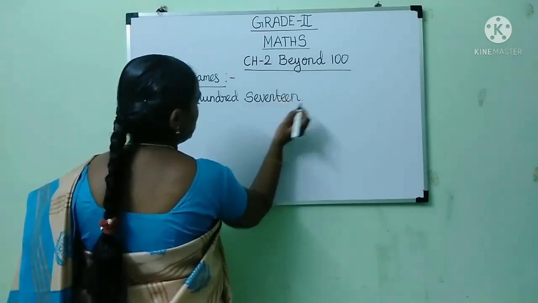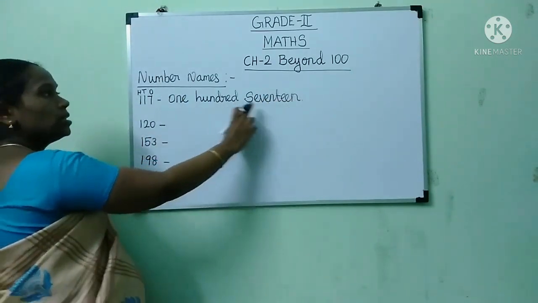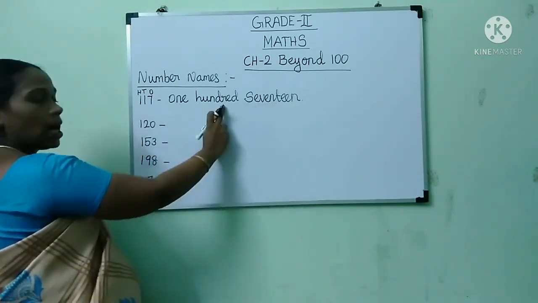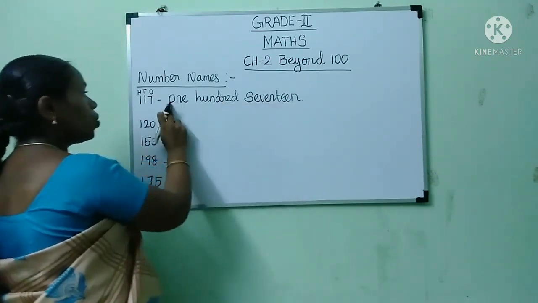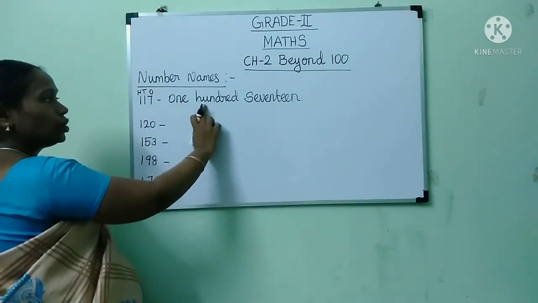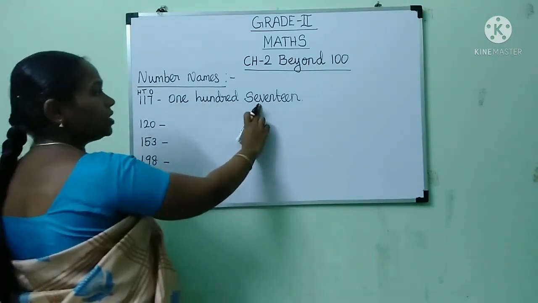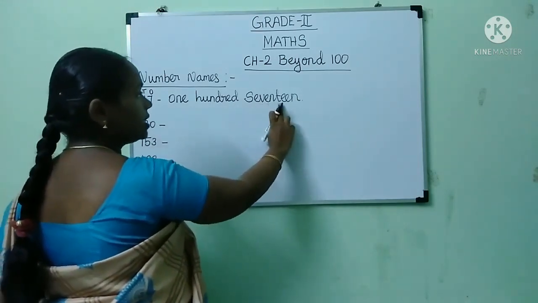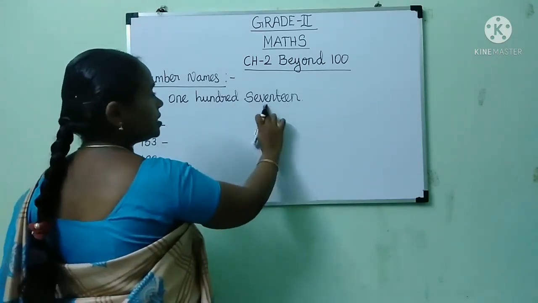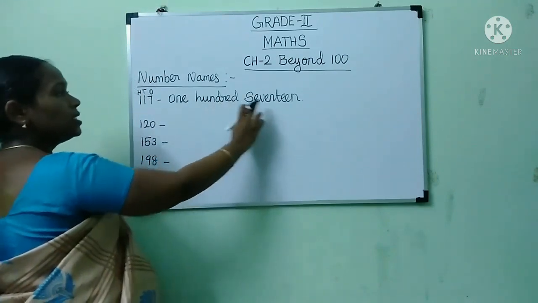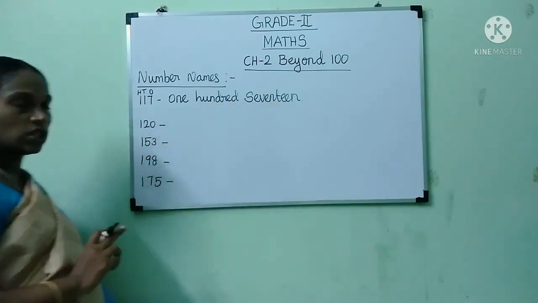S-E-V-E-N-T-E-E-N, 17. 117. O-N-E, 100. H-U-N-D-R-E-D, hundred. S-E-V-E-N-T-E-E-N, 17. 117. Are you clear, children?